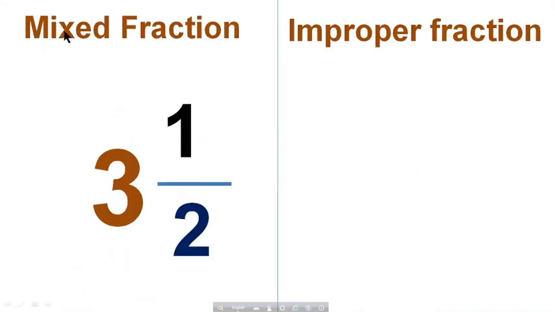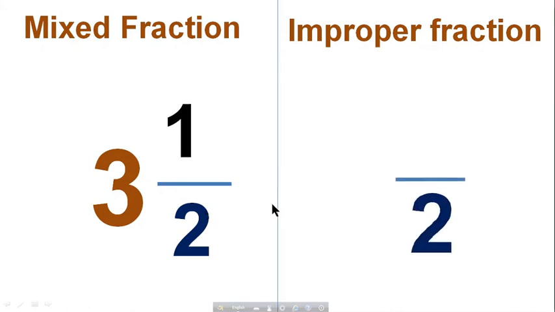So we will convert a mixed fraction into an improper fraction. To do this, we will write the same number as the denominator. Here the denominator is 2, so our denominator will be 2, the same. But what will the numerator be?